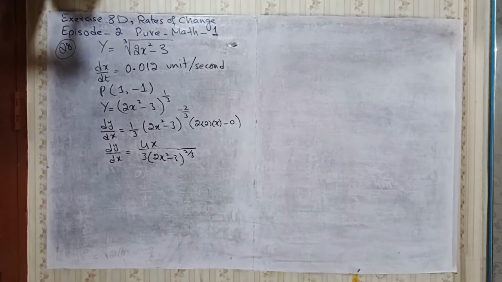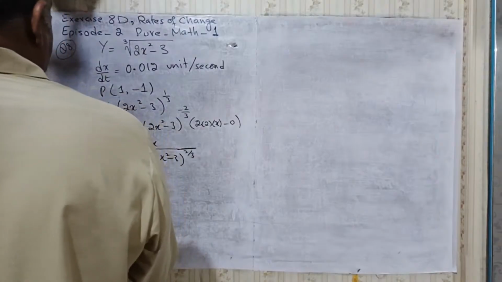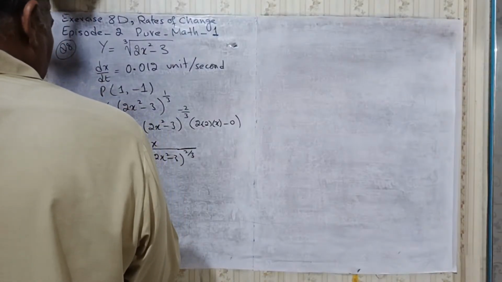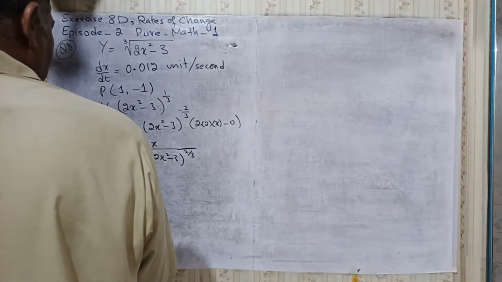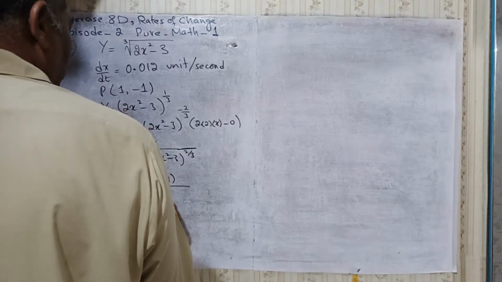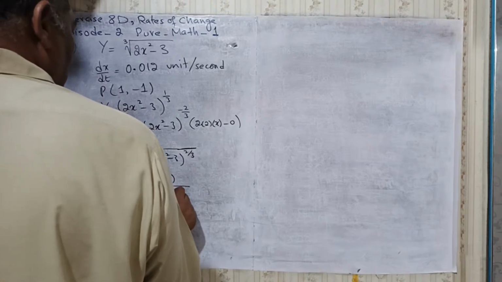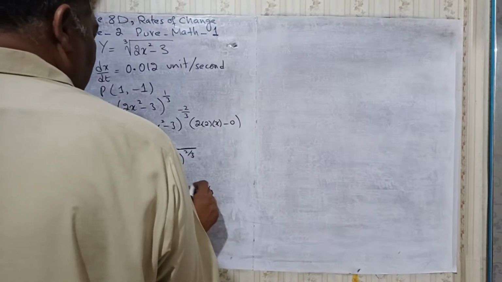Now we know the value of x. At x equals 1, dy by dx will become 4 into 1 divided by 3 into (2 into 1 squared minus 3), the whole thing raised to power 2 by 3.